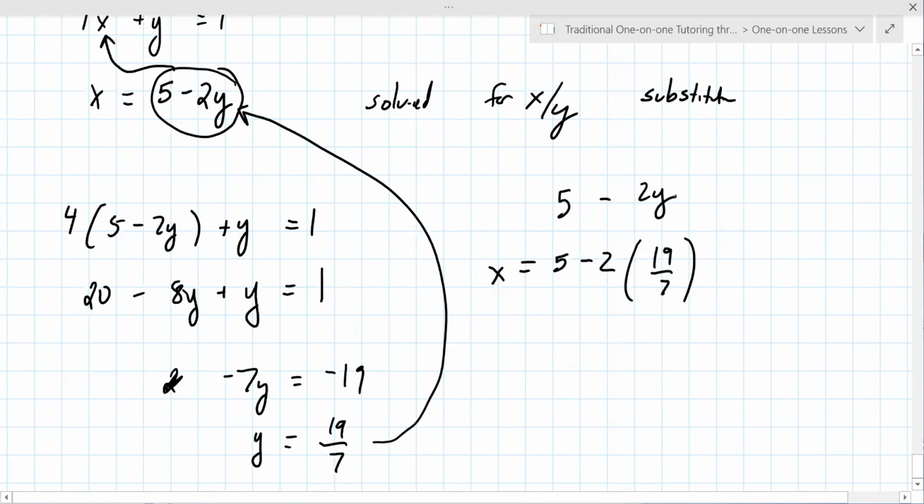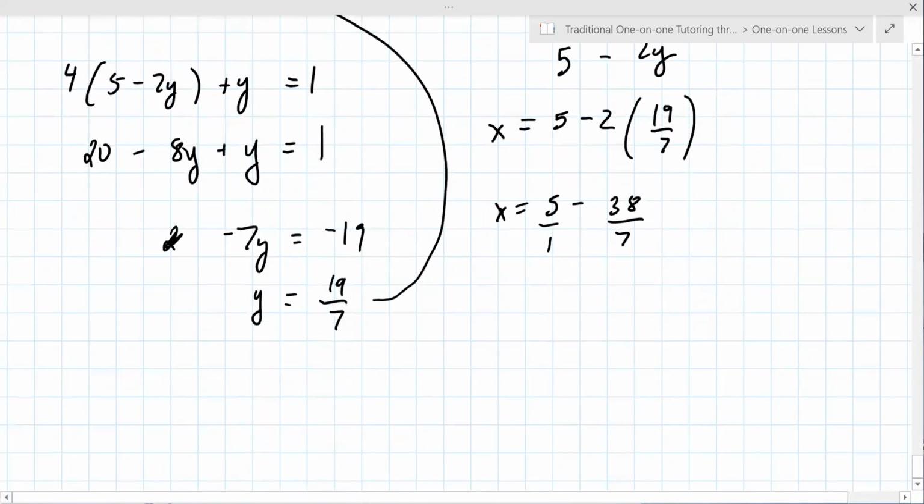You're always substituting back into one equation or the other. It just depends on which variable you solve for. So then negative 38 over 7, and then 5 is really 5 over 1, and so then you make the 5 into 35.